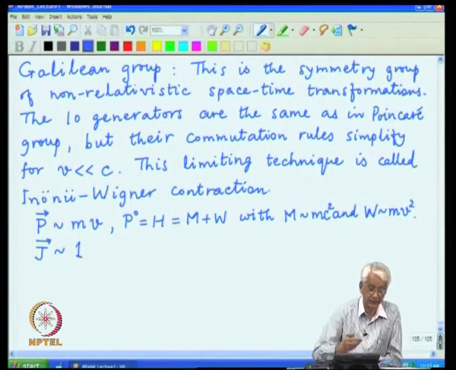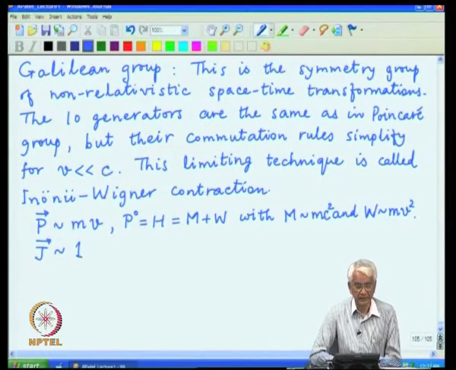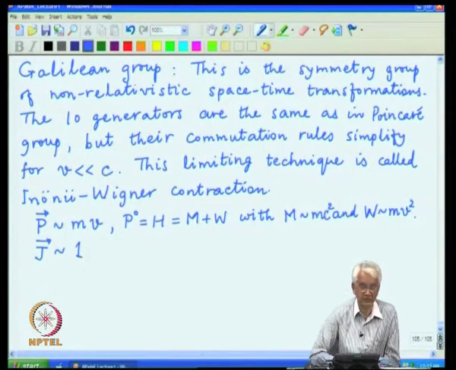I should say that I have omitted Planck's constant in all the discussion so far, because what we are doing is pure mathematics, and in that the algebra of J or P can be written without referring to Planck's constant. If one wants to bring those back to go to physical units, all the labels for representations J, M, N, they all have to be measured in units of Planck's constant.